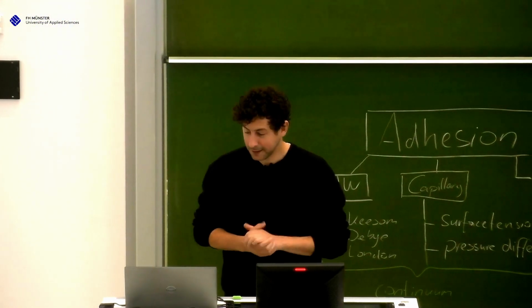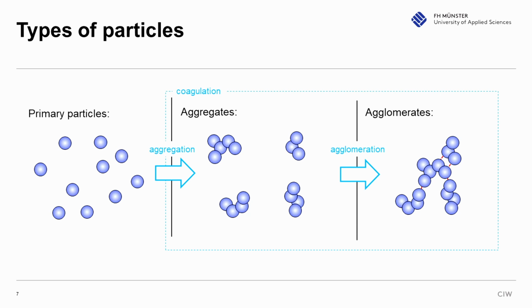Yeah, that's a very nice intro to this slide. And this is something that for my class is extremely important, and in the literature, it's always different. So in my class, and this is because I come from these flame processes, a primary particle is a single particle, a single spherical particle, something like this or like this.